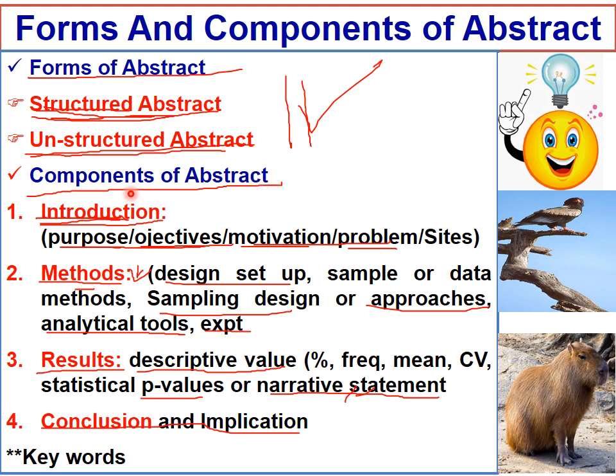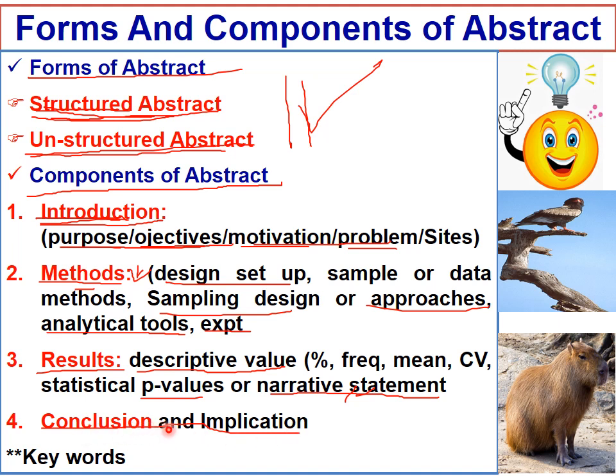While writing an abstract, which is a single paragraph, these are the main components one should take into consideration: there is an introduction section, a methods section, a results section, and a conclusion as well as its implications. What are your findings?